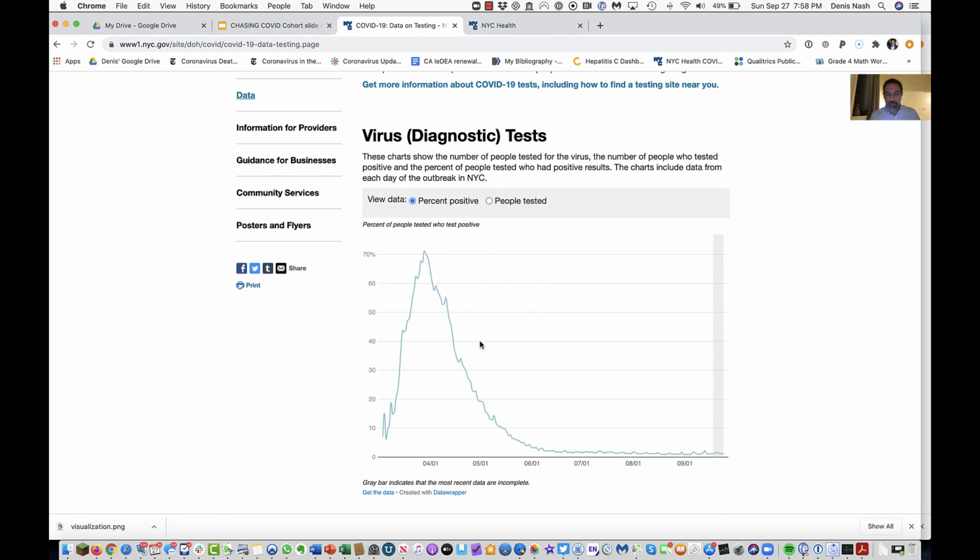But over time, testing was expanded and became more available, and we've been seeing a lot more people testing, and the positivity rate is much lower than it has been in the past, and it's been hovering between 1 and 2% around New York City for the last few months.